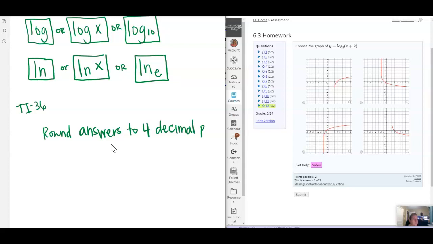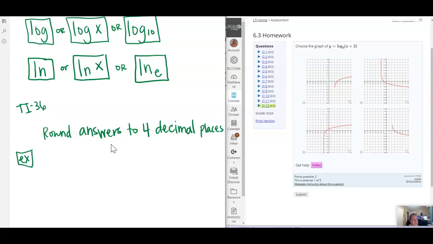That's usually what they want with logs, but not always. So make sure you're watching your instructions to tell you where to round it, because when you find the log of these numbers, usually you're going to get never-ending, non-repeating numbers. So we're going to have to round it at some point. Okay, so let's round all of these to 4 decimal places.